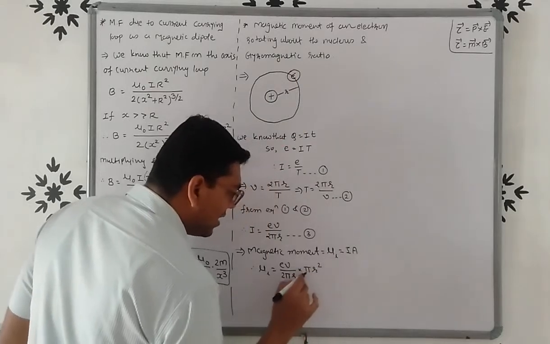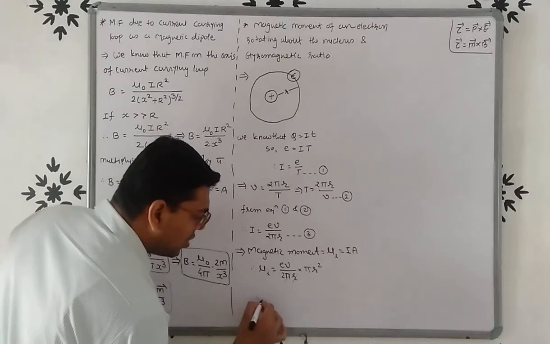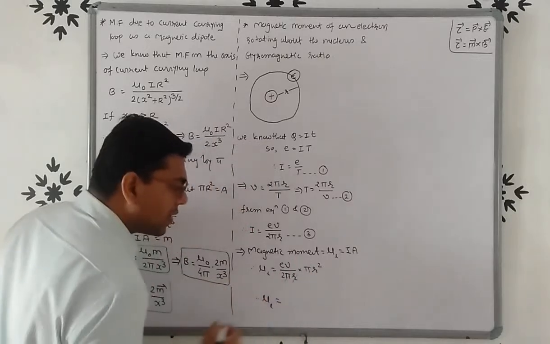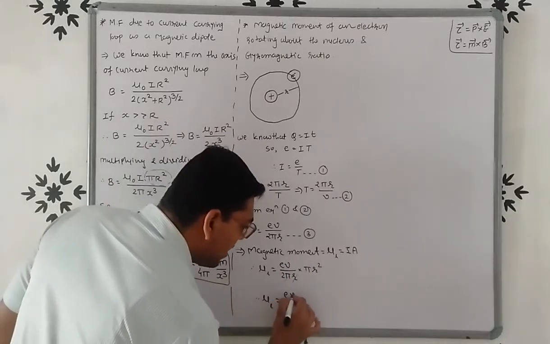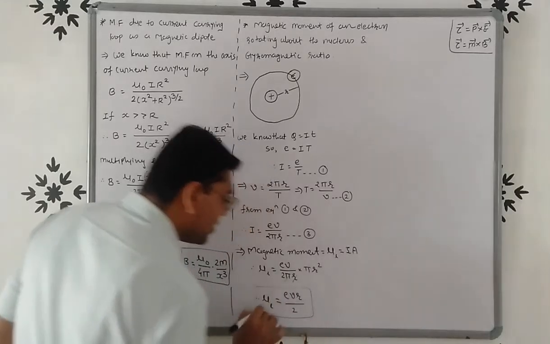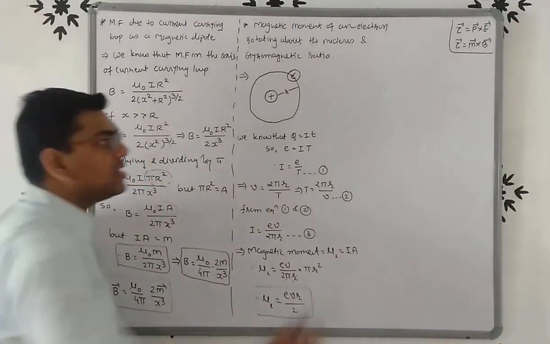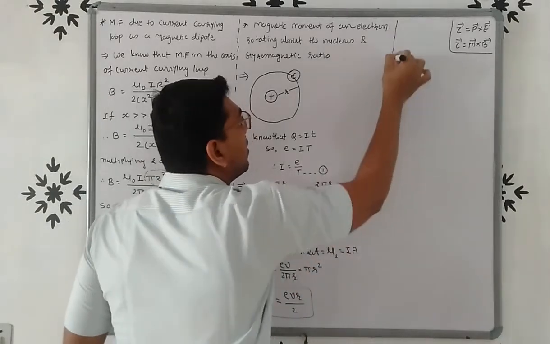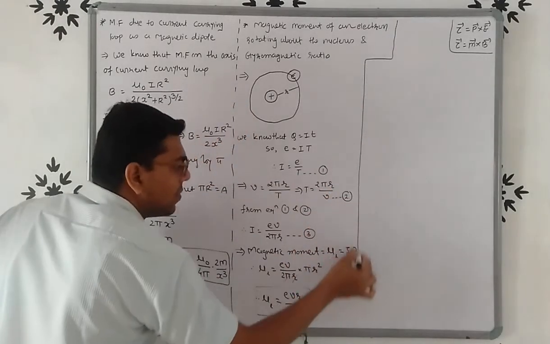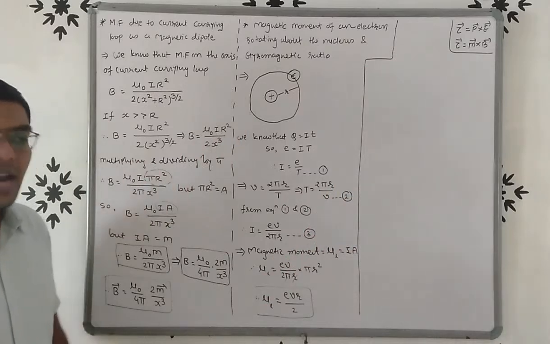So here one r will be cancelled, and pi cancels. So the moment will be evr by 2. So mu is equal to evr by 2. But friends, here we know that the mass of the electron is m, right?